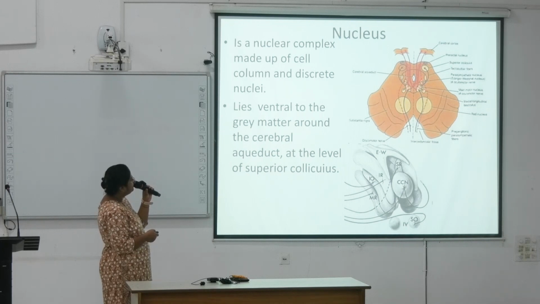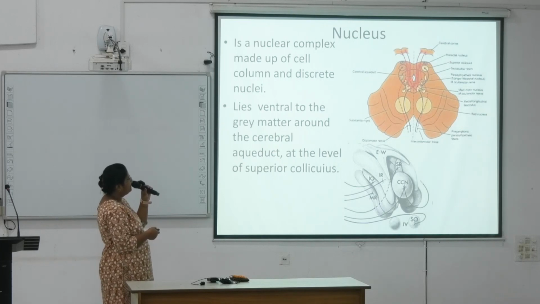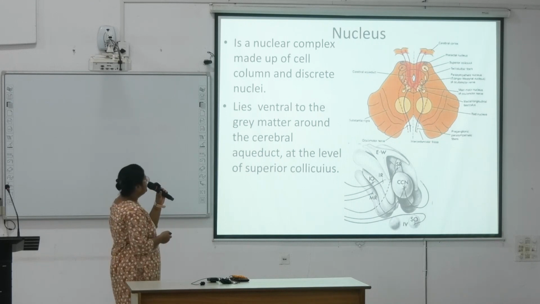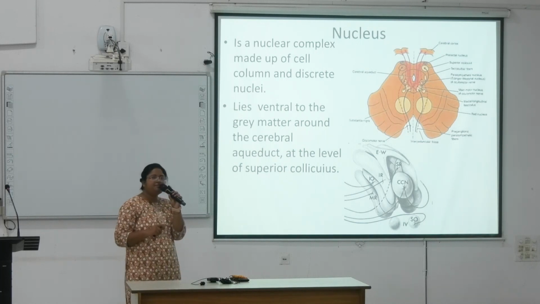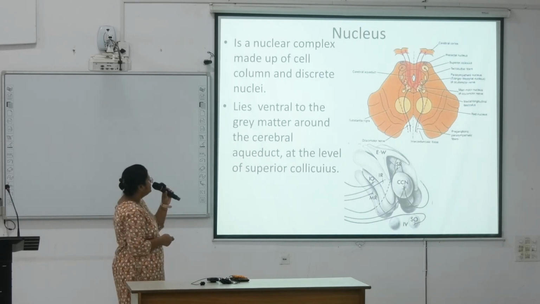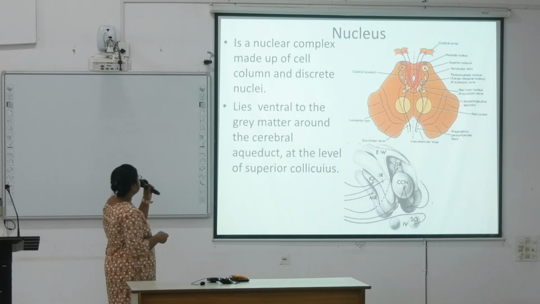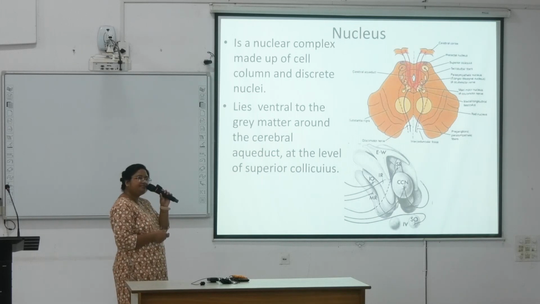Okay, oculomotor nucleus lies ventral to the, and this is the central canal, and this is cerebral aqueduct mainly, which is continuous downward with the central canal of the spinal cord, around which the gray matter, this circular outline of the gray matter, that is known as periaqueductal gray matter. Okay, in front of this periaqueductal gray, this oval shaped nucleus, this is oculomotor nuclei. Okay, so it lies ventral to the, so this part is the ventral, this part is dorsum.